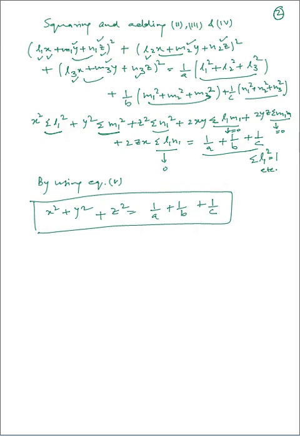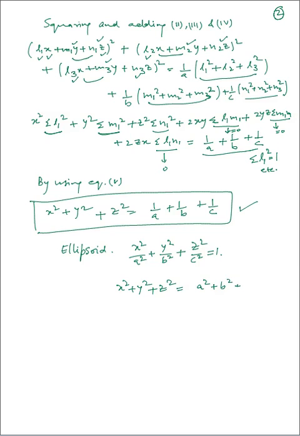And if we take the equation of the ellipsoid, if this type of equation is there, x square upon a square plus y square upon b square plus z square upon c square is equal to 1, then this equation will be x square plus y square plus z square is equal to a square plus b square plus c square.